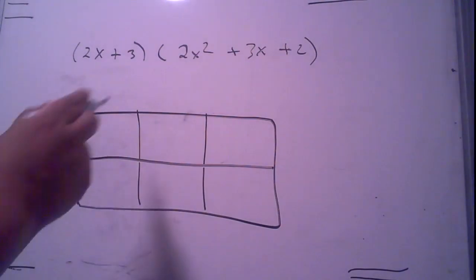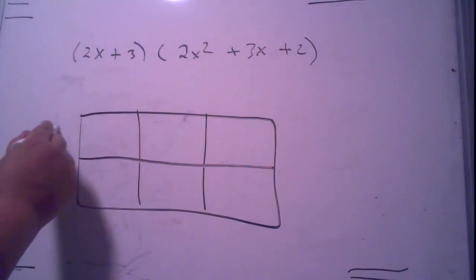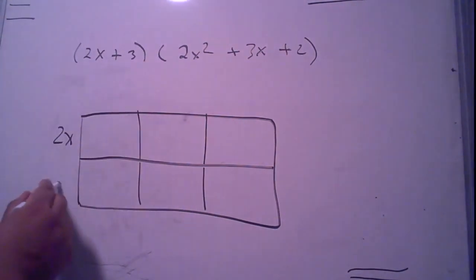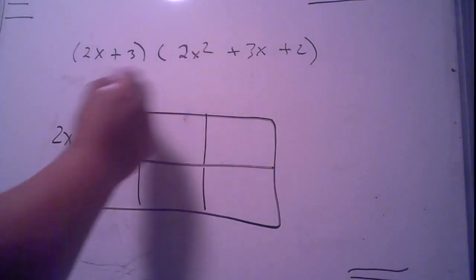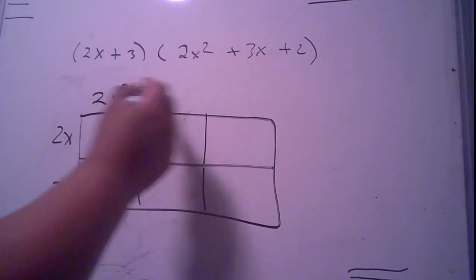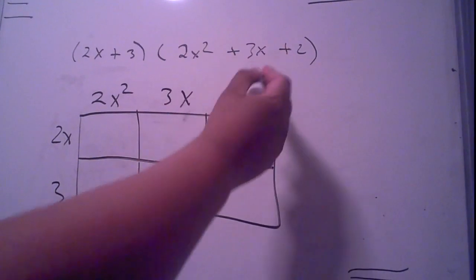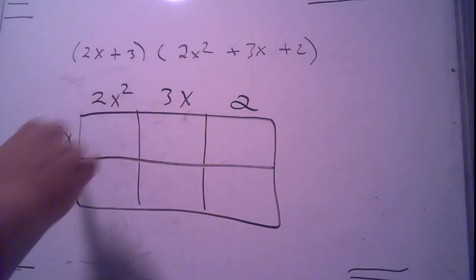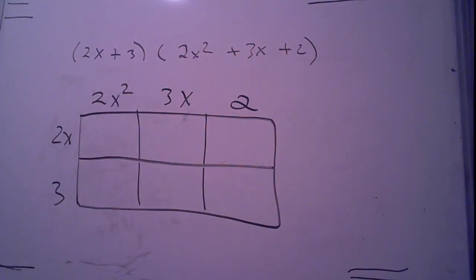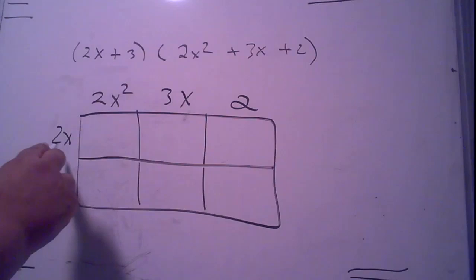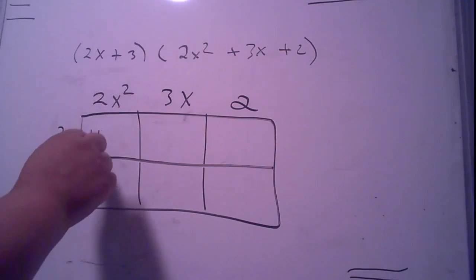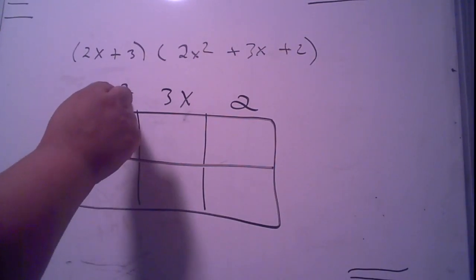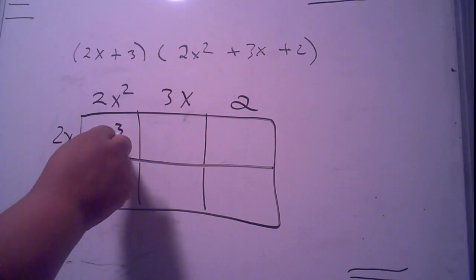Now we're going to do the same method. We take each term and write it here: the 3 goes here, the 2x squared goes on top, the 3x here, and the last one, which is a 2, goes here. Now we multiply element by element, corresponding element to corresponding element. So 2 times 2 is 4. x times x squared is going to be x cubed.